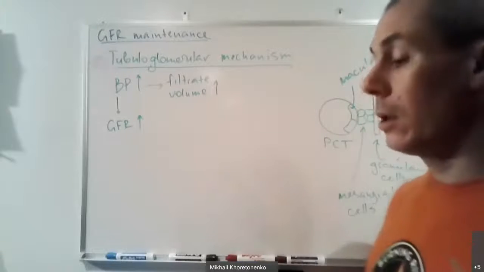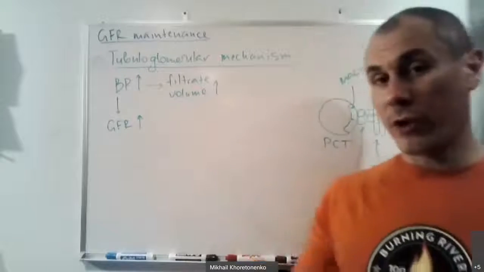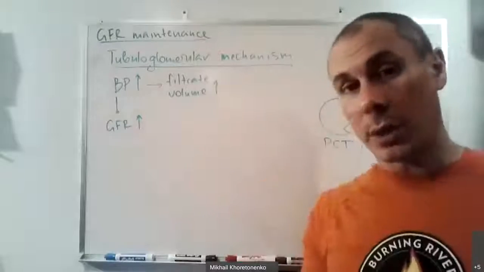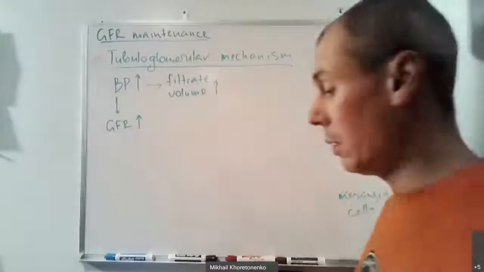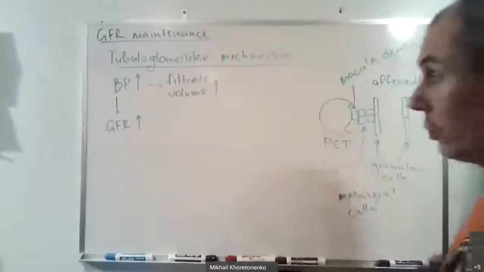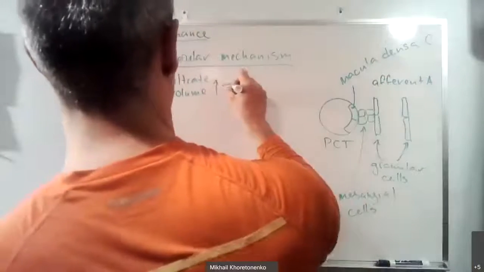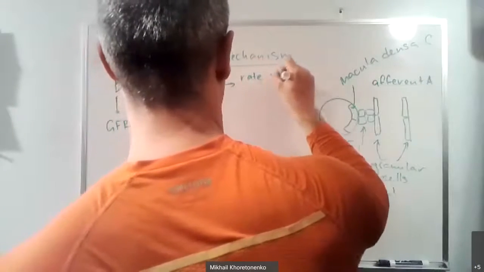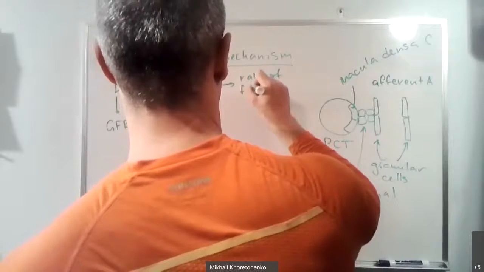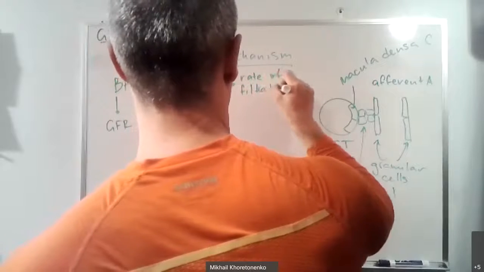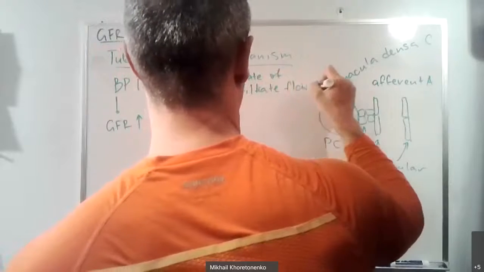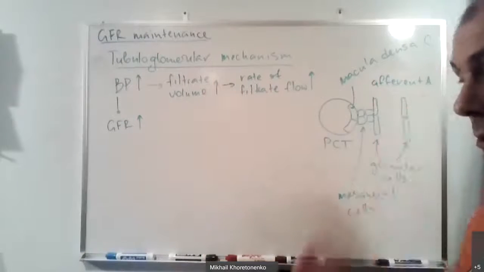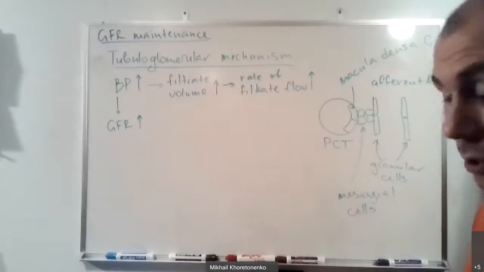Okay, good. When you start making more fluid, and this fluid goes into the same system, the same pipes, when there's more fluid, the rate of filtrate flow also increases. You can see it every time there's rain outside.